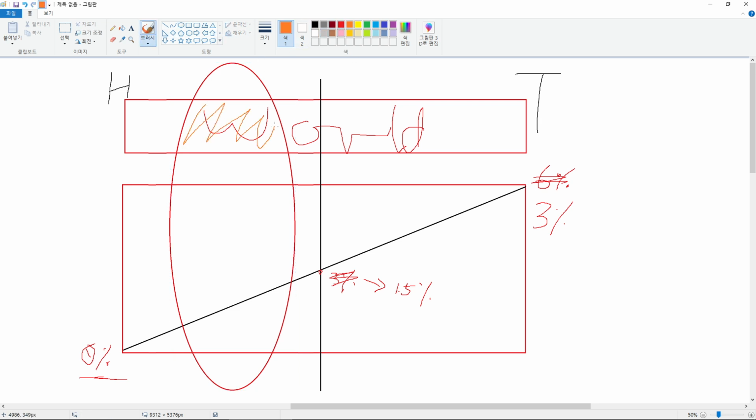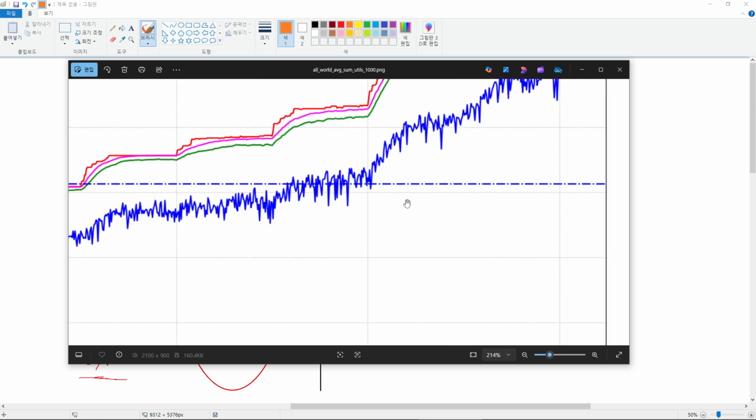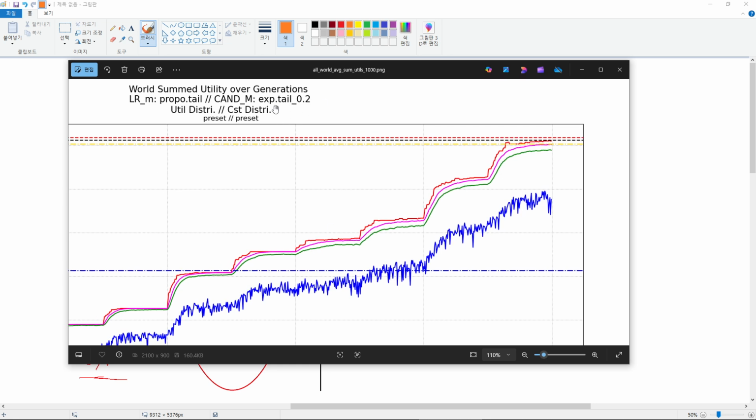These guys, because now they would mutate at a lower rate per gene. So 3060, even when using 0.2 for candidate percentage.